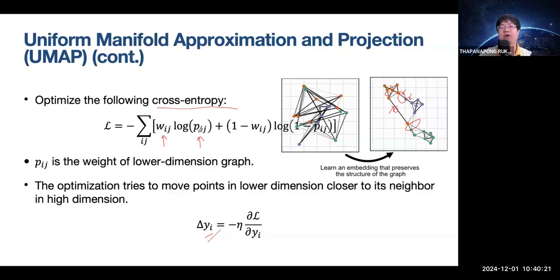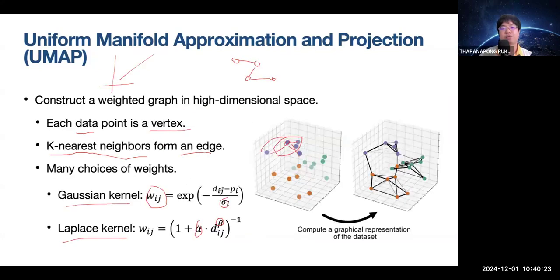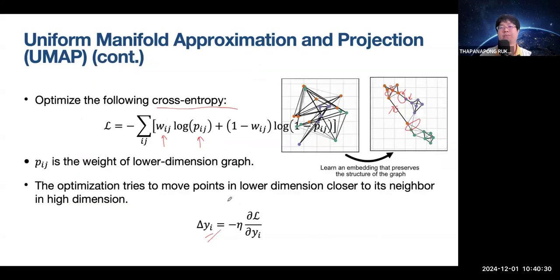So Pij here is actually Yij minus the Pi divided by sigma i. So this Yi is embedded in this P, and the optimization will move the point closer to its neighbor in high dimension.